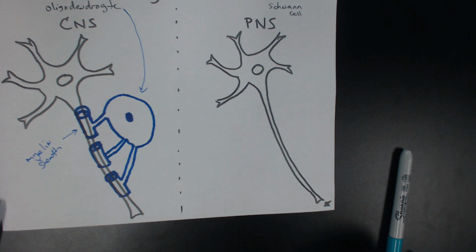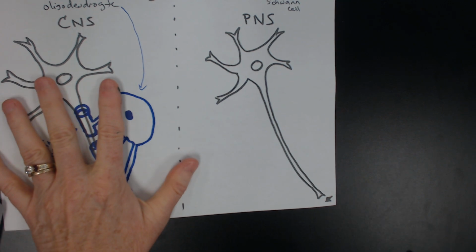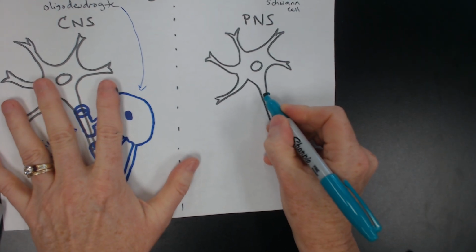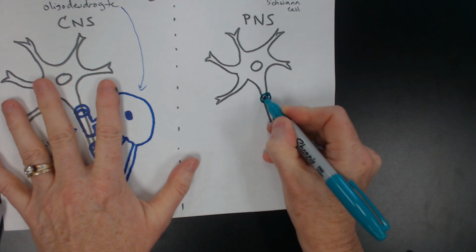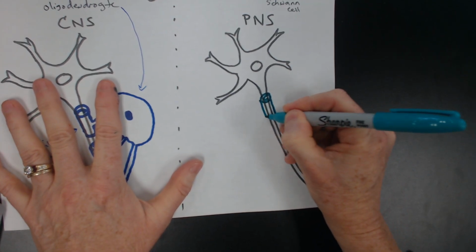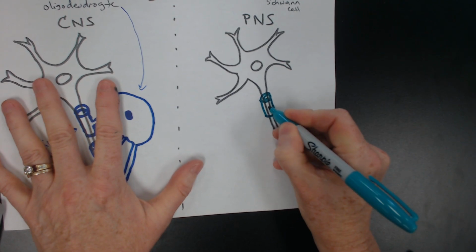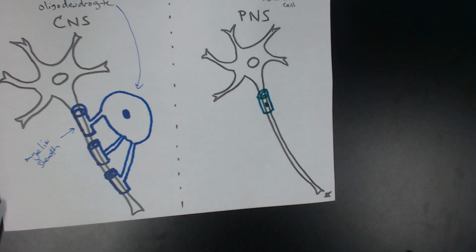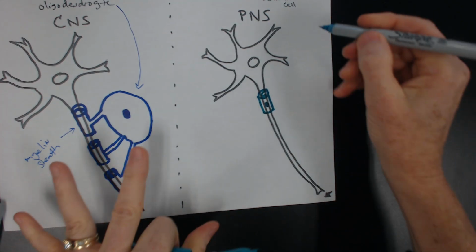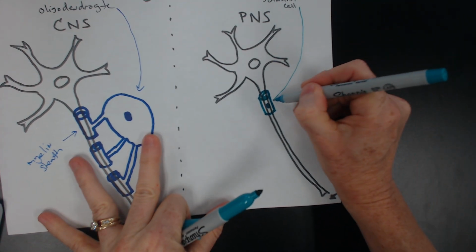I had to represent the Schwann cell, similar to the oligodendrocyte, only just a little bit different. Each individual Schwann cell is responsible for myelinating just a small area of an axon. So that is representative of just one Schwann cell. So here's your Schwann cell.